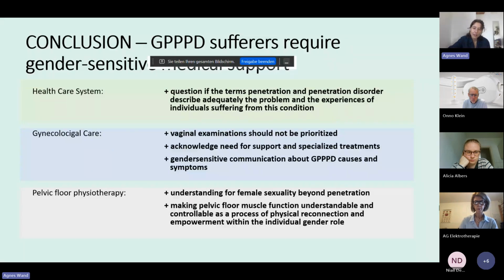And we can make the pelvic floor muscle function understandable and controllable. This can be a big process of physical reconnection and can be an empowerment for people who suffer pain and dysfunction in these areas. And this can help people to develop their individual gender role.